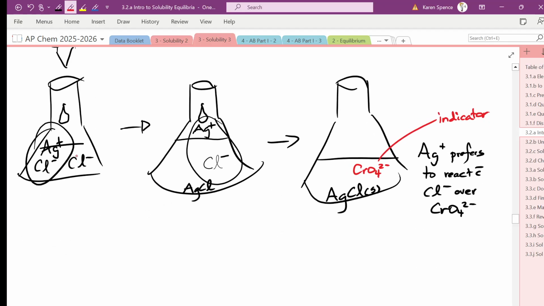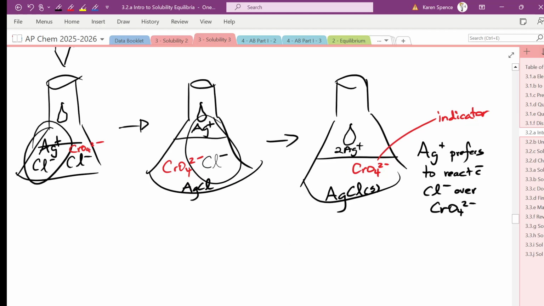We would have had chromate from the beginning, CrO4 2-, CrO4 2-. It just hangs out until the chloride's all gone. And then the moment we add another drop of the silver, and this time I'll put 2 Ag+ just because we need 2 of them to react with the chromate, okay?